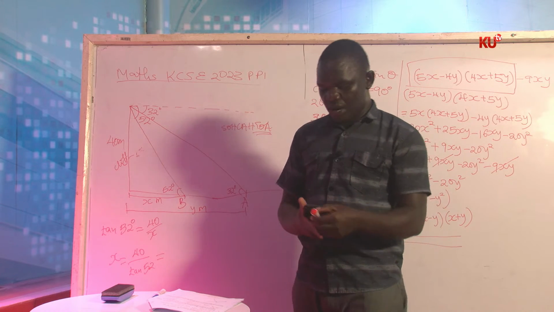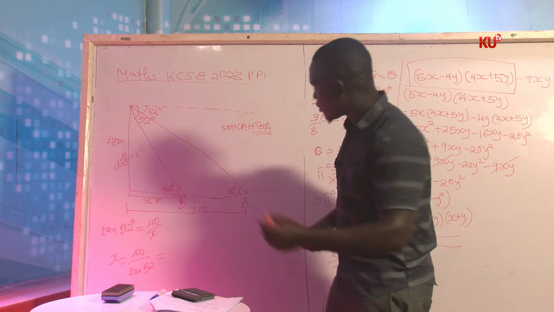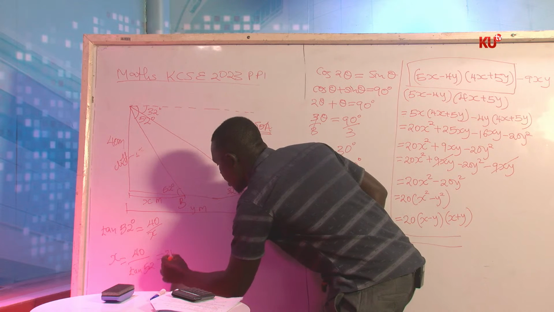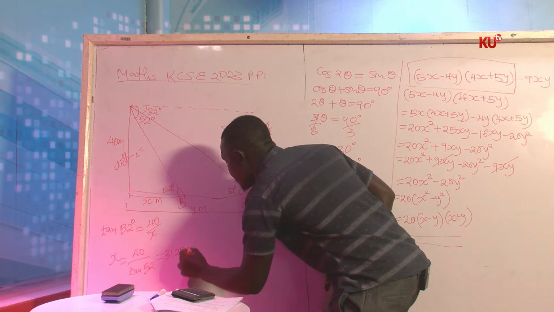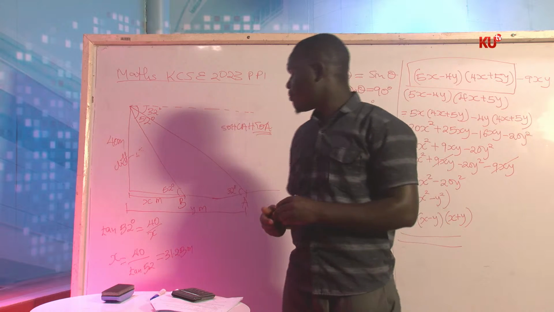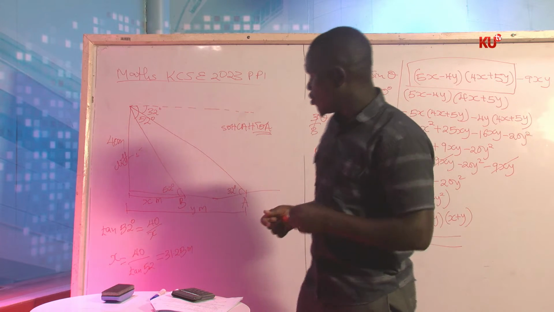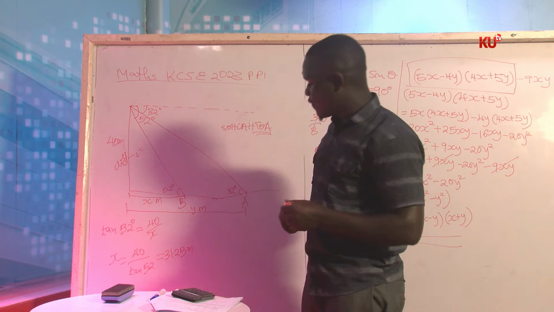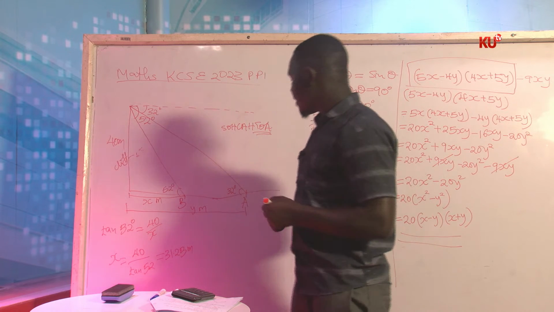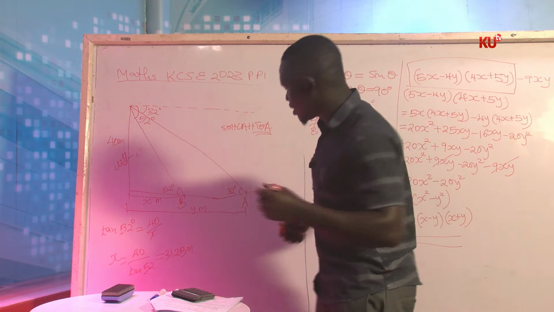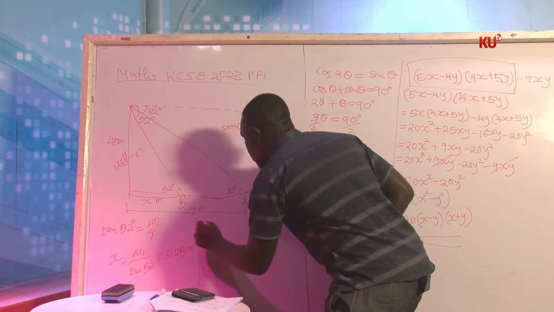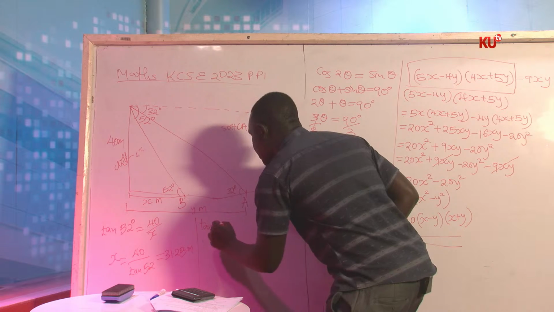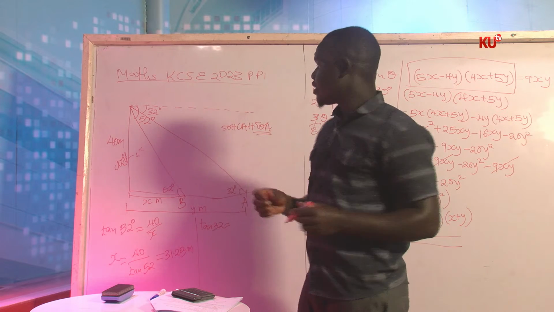I'm getting 31.25 meters, meaning the distance from boat B to the bottom of the cliff is 31.25 meters. Let's also get the tangent of 32 degrees. Still, it is the opposite.